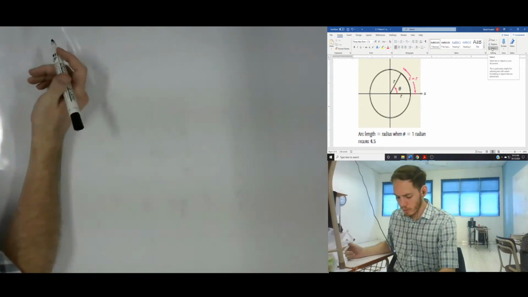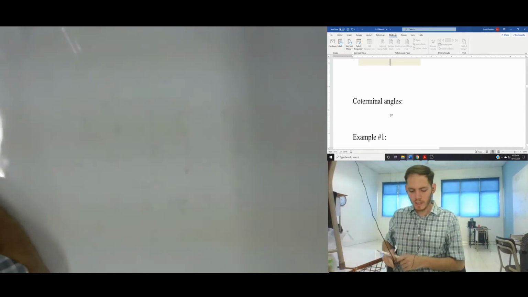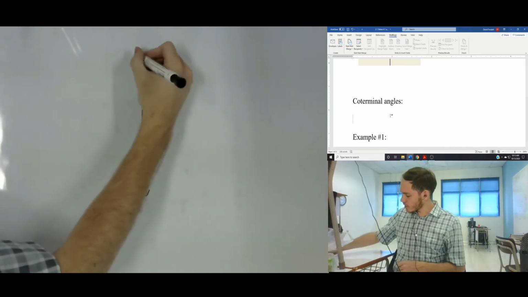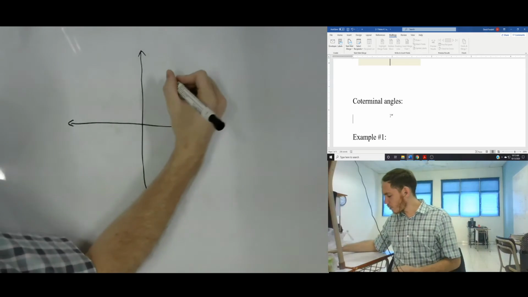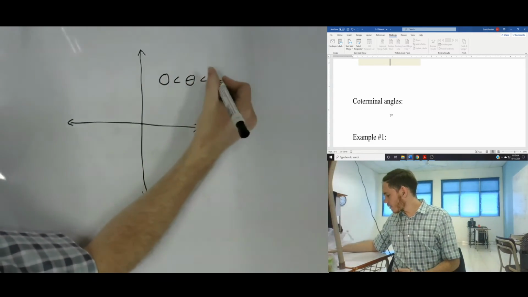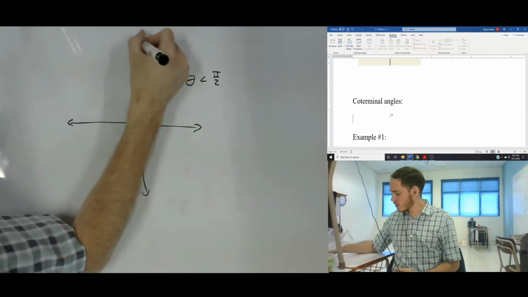Okay, so you need to know the formula. Next, we need to calculate coterminal angles. So how do you find coterminal angles? Well, before we do that, this is a beautiful chart that helps us with radians. In quadrant 1, for radians, we have 0 less than theta less than pi over 2. So this is angle pi over 2.